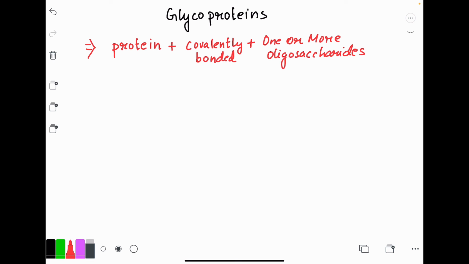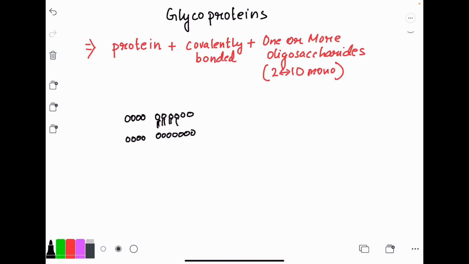What are oligosaccharides? We know already that on hydrolysis, oligosaccharides give us 2 to 10 monosaccharides. Structurally, I can describe it like this. Suppose this is the cell membrane, and suppose this is a protein.